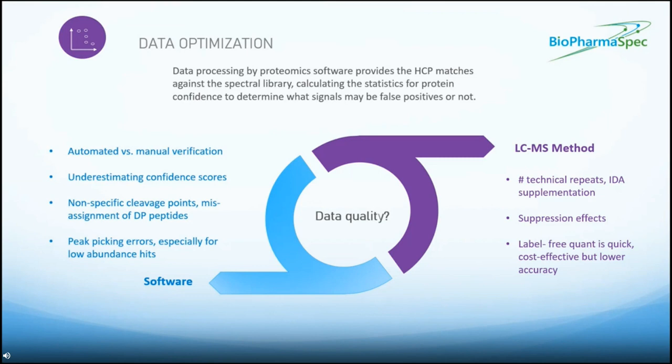So linked to this are retention time alignment issues. If you're trying to align gradients from, say, a standards reference library with a spectral library from ELISA, you've got to be careful about the alignment process to ensure there's enough retention time points to match the gradients, because it can then really impact the HCPs picked out according to the retention time search windows that you've set.